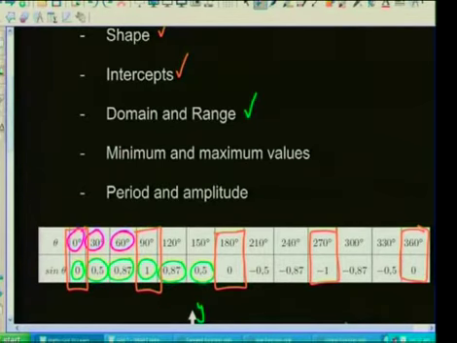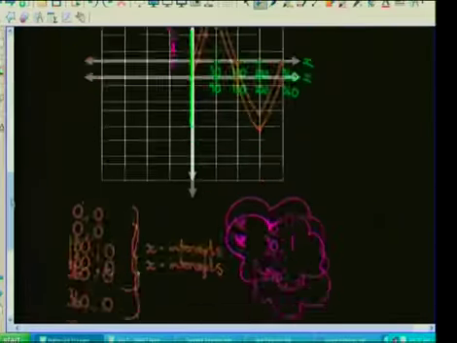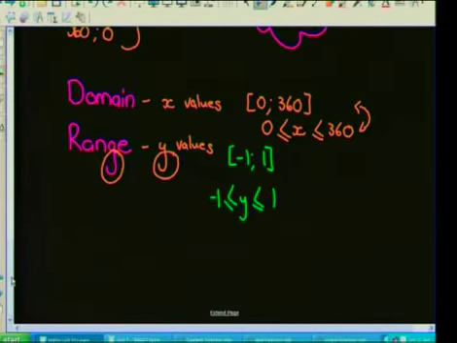Now, maximum and minimum values. Think back to when you have dealt with the parabola and they ask you for your maximum or minimum value. When they ask that, that is referring to the y coordinate of your turning point. Can any of you remember what the x value of the turning point is referred to?